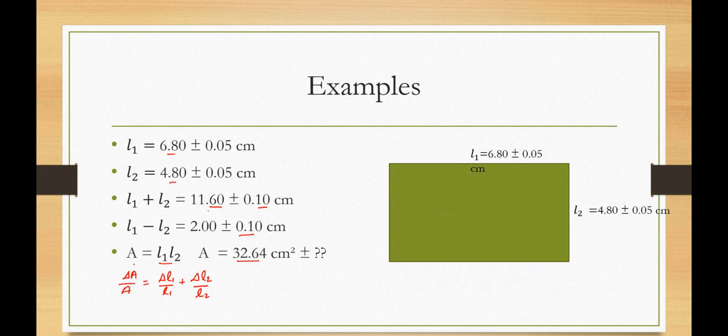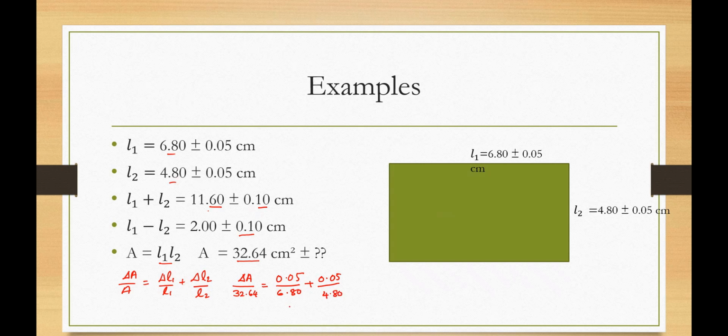Once we succeed in writing this, substitute the known values and add the fractional uncertainties. So what do we get? Delta A by 32.64 is equal to 0.05 over 6.80 plus 0.05 over 4.80.